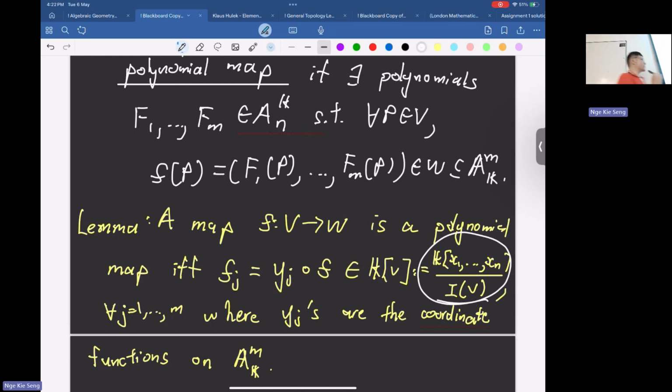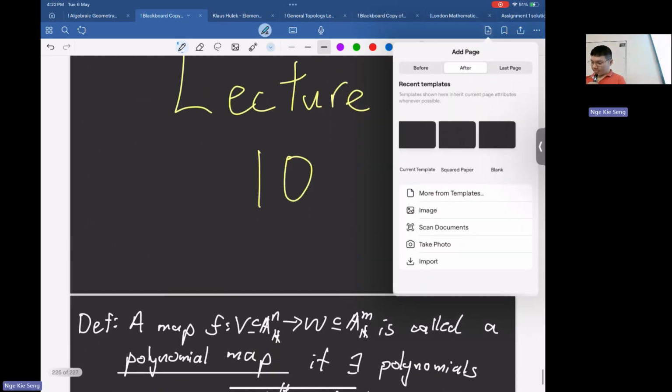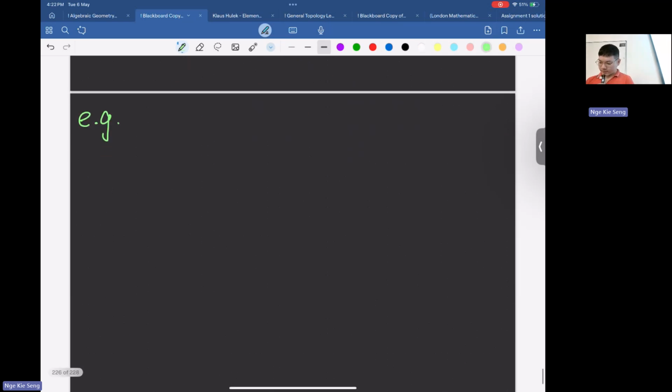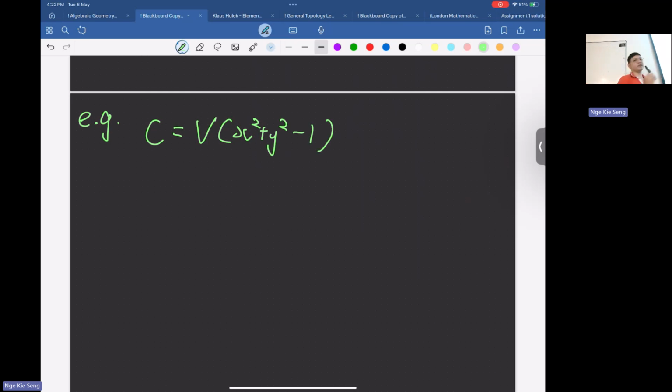Well, yesterday we discussed this quotient. I mean today. Actually, let me give you an example. We were supposed to start with one example, but I forgot. So let's consider this unit circle. Which affine space does it live in? A2, two coordinates, any K will do.